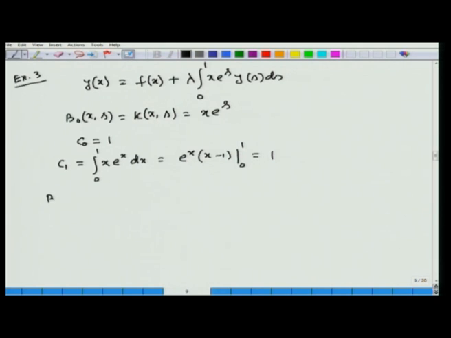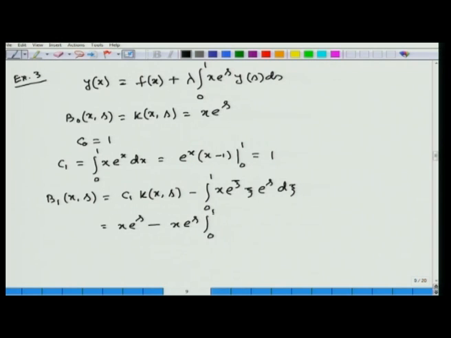Now, if we calculate b1(x, s), this is equal to c1 K(x, s) minus the integral from 0 to 1 of x e^ξ multiplied with ξ e^s dξ. Since c1 equals 1, this is x e^s minus, taking x e^s outside the integral, x e^s times the integral from 0 to 1 of ξ e^ξ dξ.